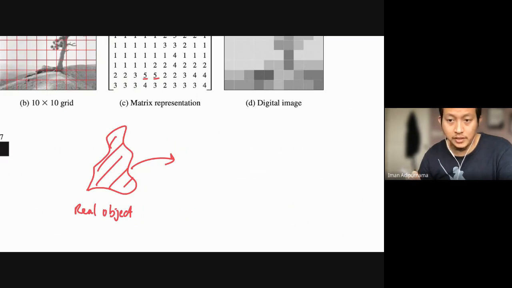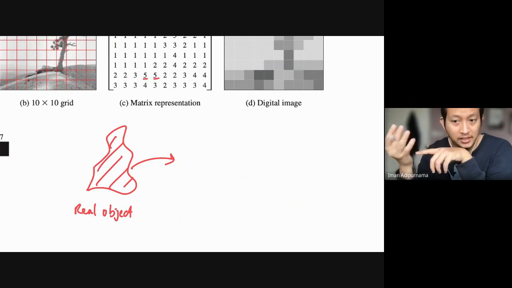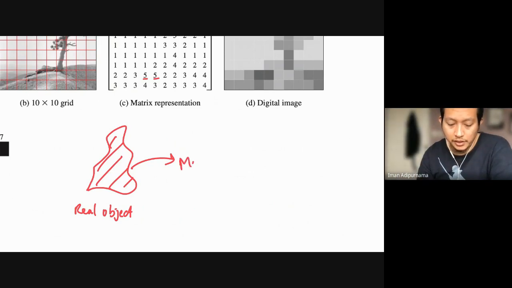They need to transform the object that they capture into a digital image. And how do they transform that? They need the matrix. We call it a matrix transformation, and then the outcome will be the digital image.